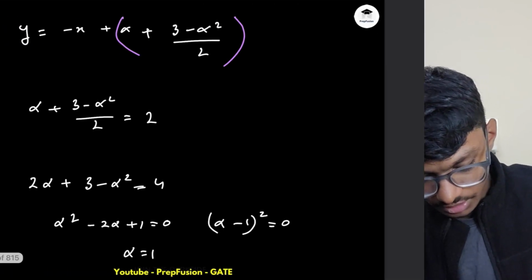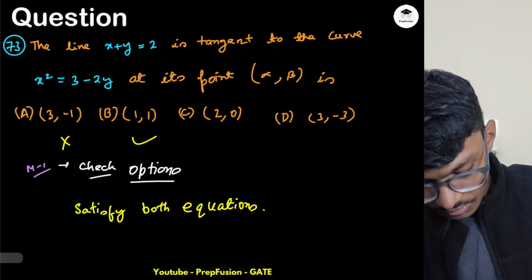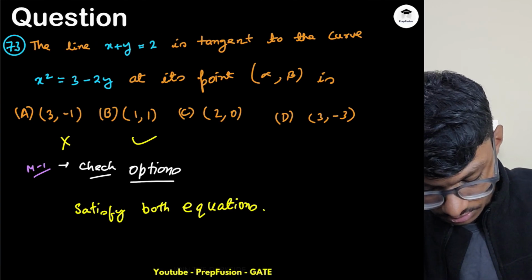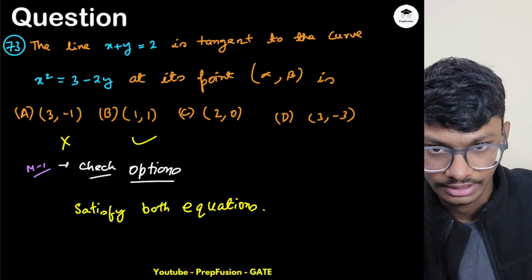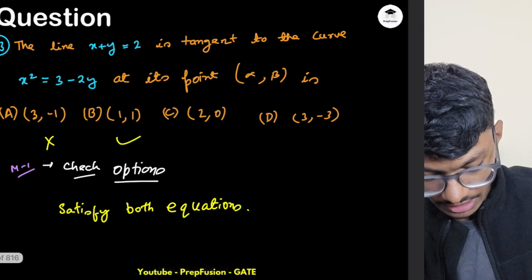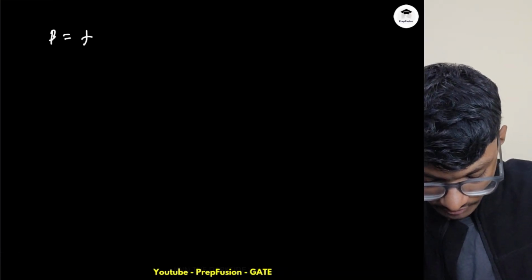So if alpha equals 1 is a point, what can I say? I can directly put alpha equals 1, and what is beta equal to? Beta will be simply f of alpha.